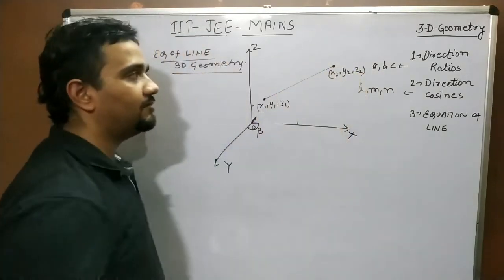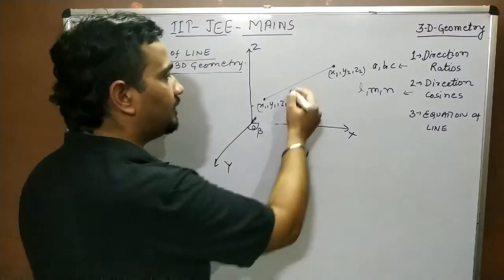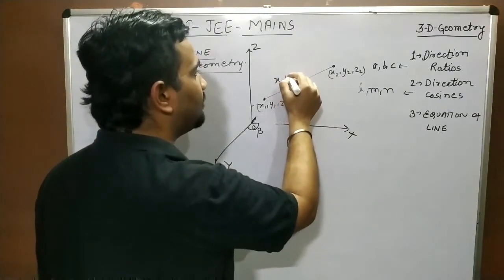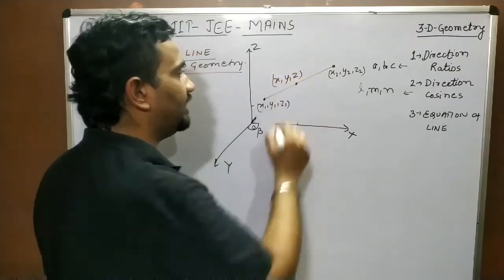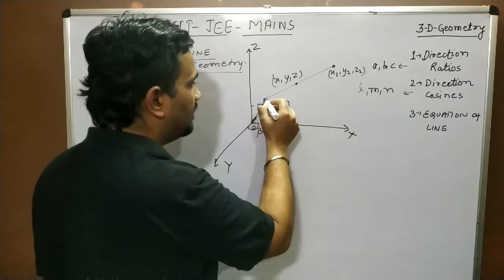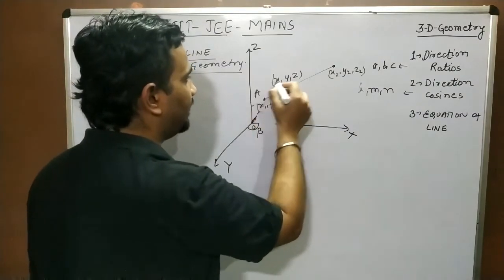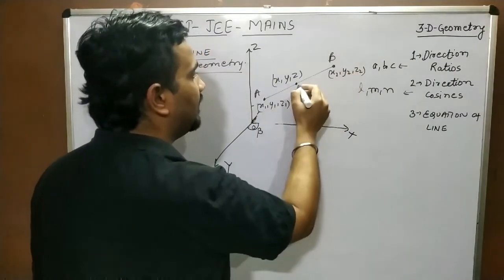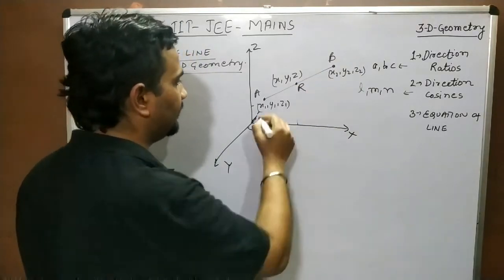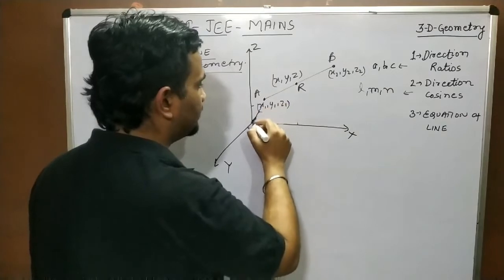So this line is passing through these 2 points, and we have to write the equation of this line. We can take any arbitrary point on the line, that is x, y, z. Now connect it with the origin. Suppose this is A, this is B, and this arbitrary point is R.